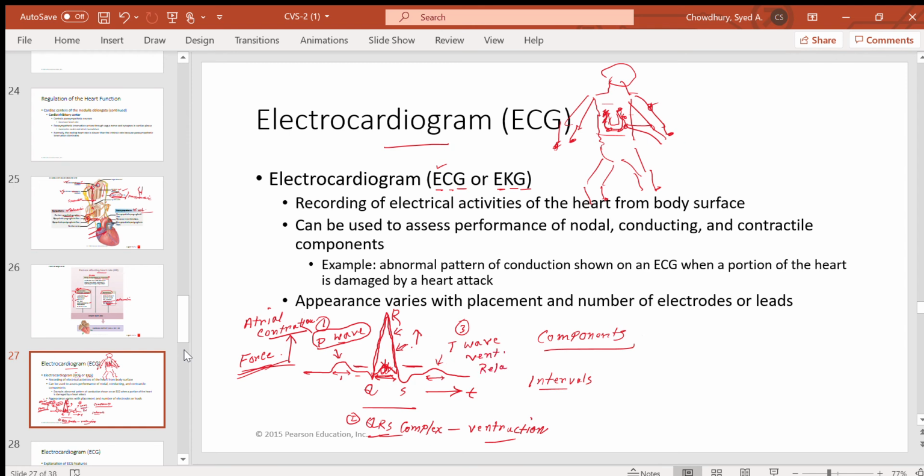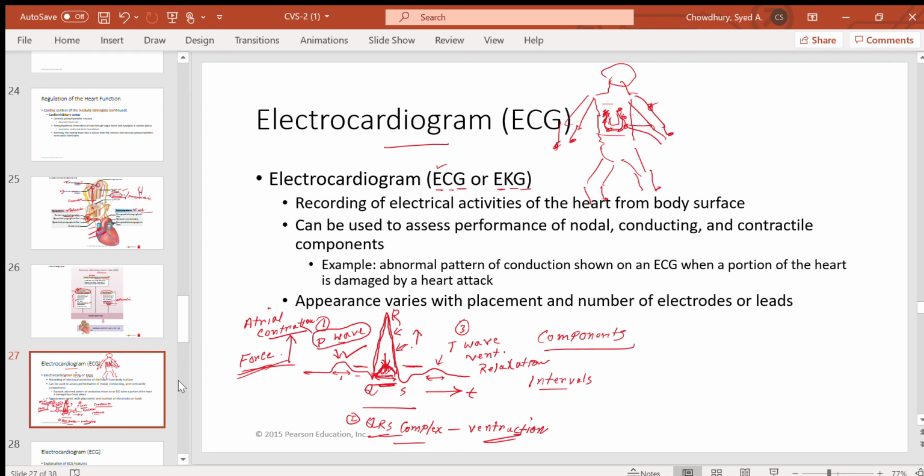After ventricular contraction, we have ventricular relaxation. So those are three things. So we cannot see the atrial relaxation, which is buried under the large ventricular contraction, because the atrial relaxation after this contraction and the ventricular contraction both happen at the same time.